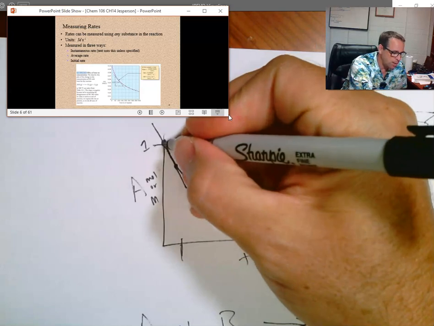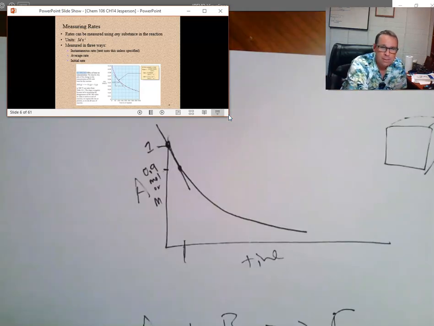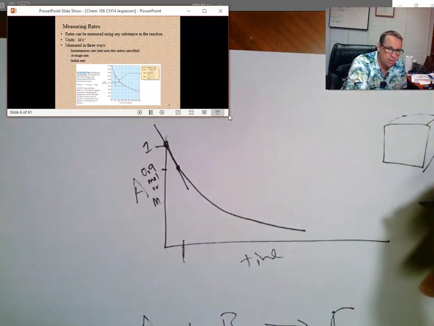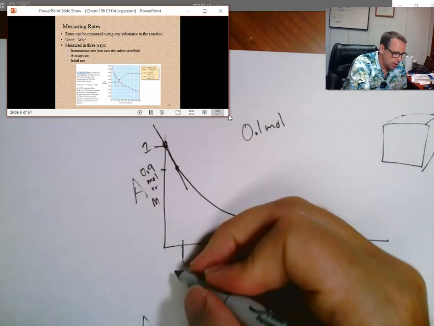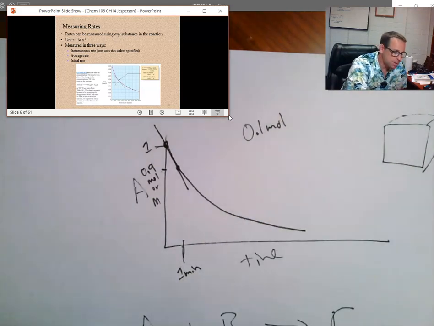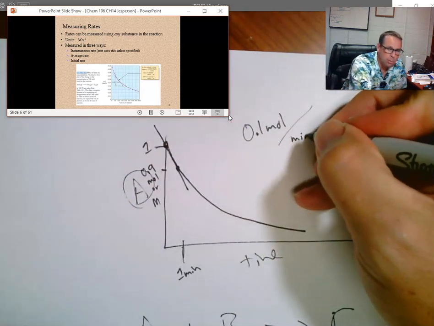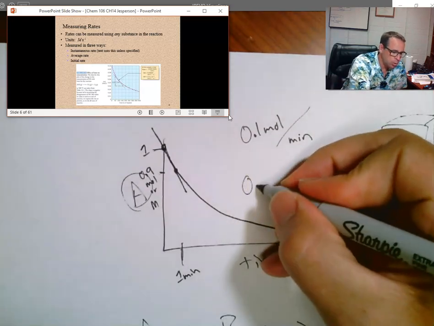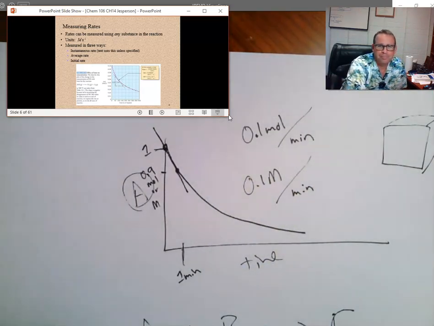If I went down from 1 to 0.9, then I've lost 0.1 moles, and if that happened in 1 minute, I can say the rate of disappearance of A is 0.1 moles per minute, or 0.1 molar per minute.